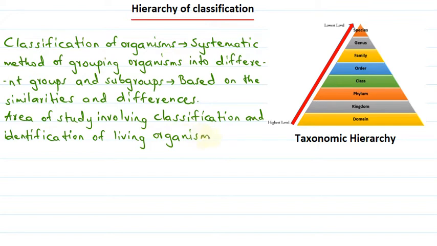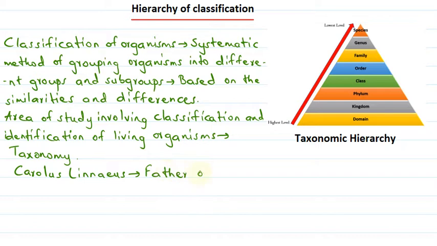So this area or field of study has been given a scientific name called taxonomy. Okay. Now this taxonomy was first introduced by a scientist named Carolus Linnaeus. So he was the scientist who first introduced taxonomy, and hence he is known as the father of taxonomy.